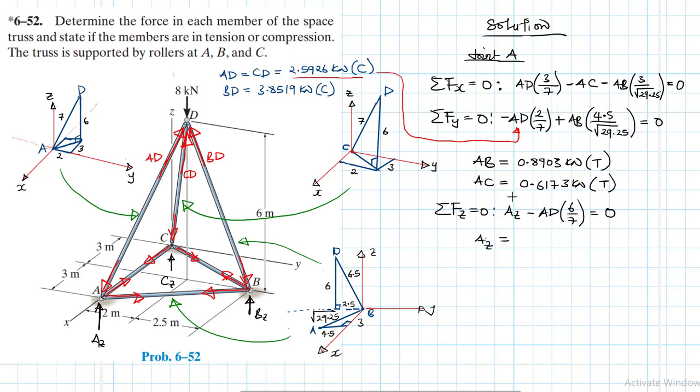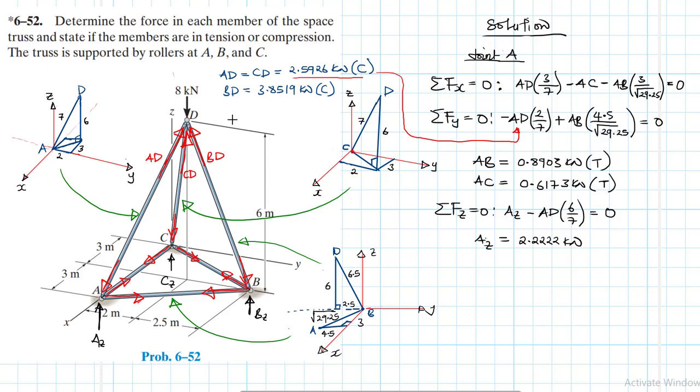Right, so AZ is going to be equal to 2.222, okay, 2.22 kilonewtons. All right, so we have found AZ from this, and let's write now what we have.